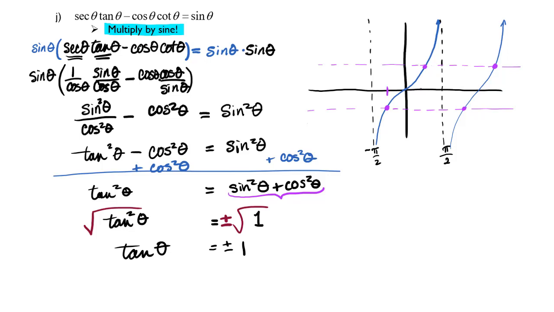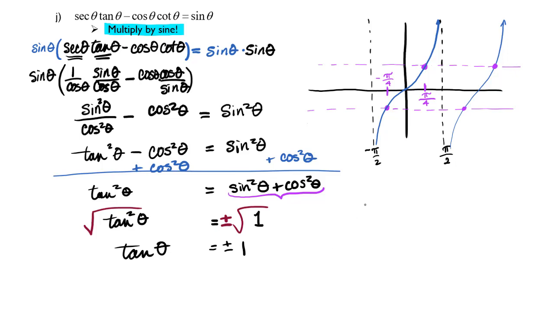I happen to know that plus or minus pi over 4 will give me a plus or minus 1. That means that I need to think about the tan inverse of plus or minus 1, and that will give me my 2 solutions for the first period, but then it just repeats.